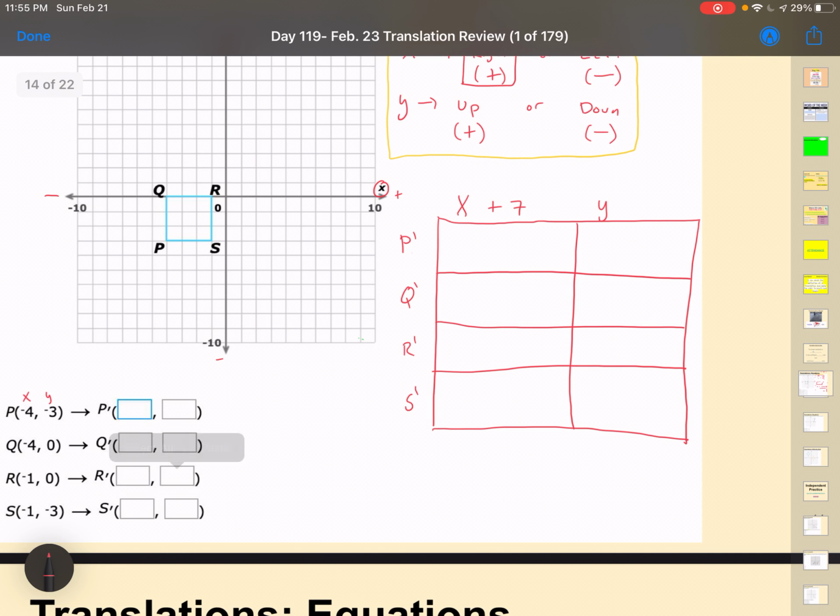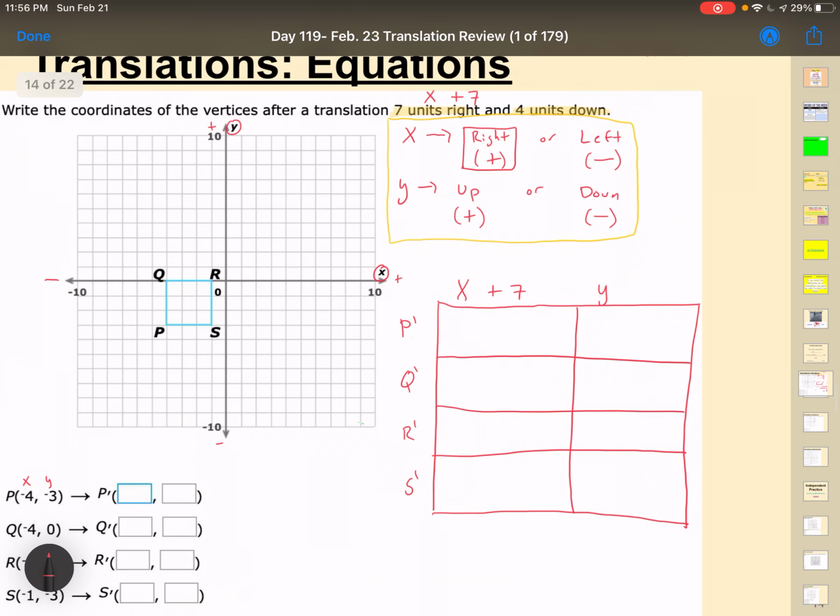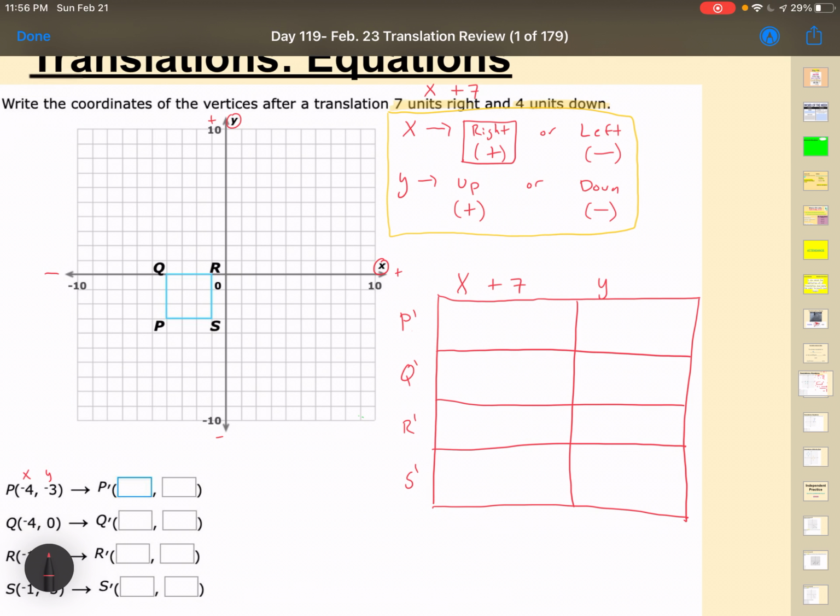All right, I want you to try to figure out the y-axis on your own. What do we need to do to the y? 4 units down. Again, reference this yellow box below it. Down means what? Is it a positive or a negative movement? It's a negative movement, correct.